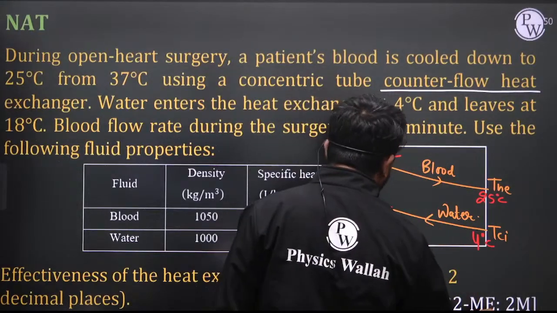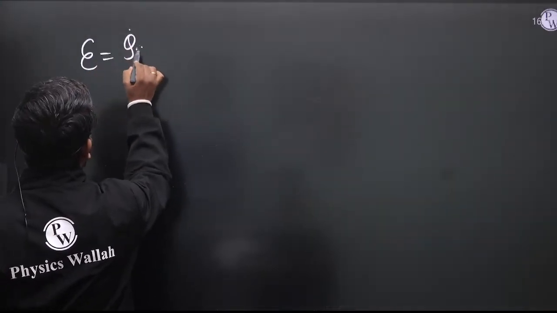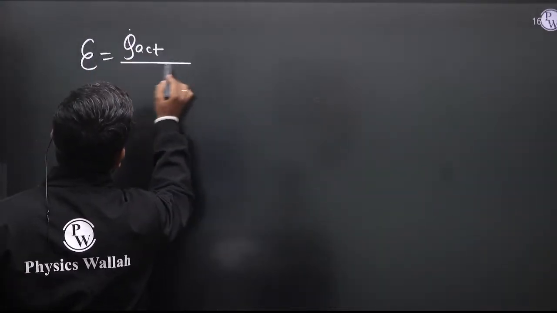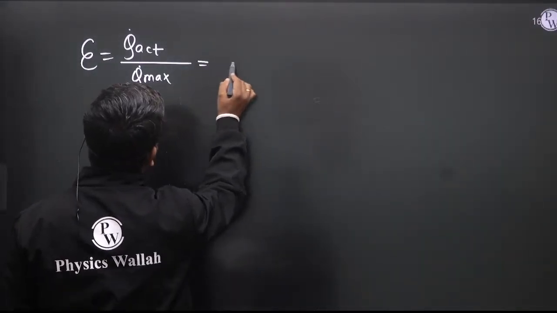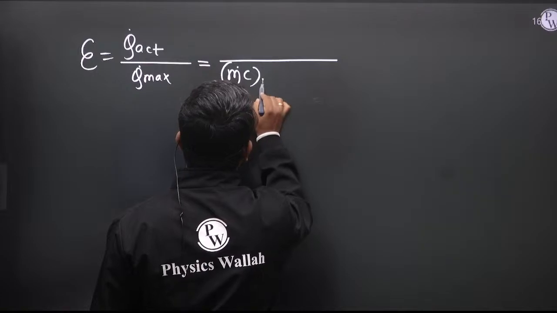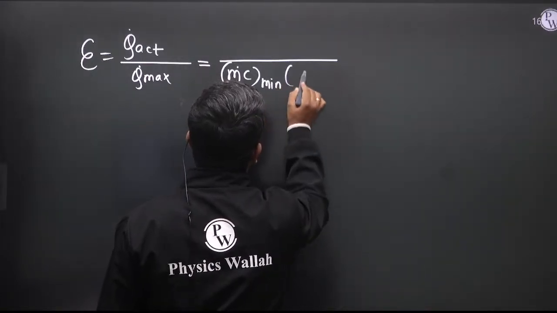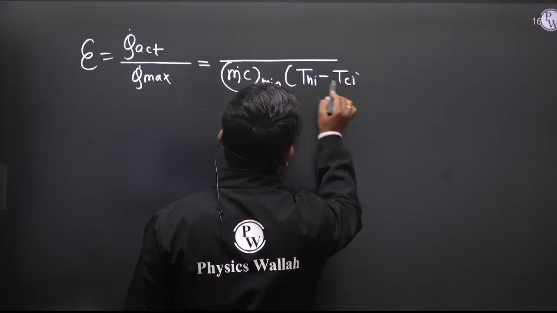Effectiveness. So we know that effectiveness is actual heat transfer to maximum heat transfer, or we can write this as the minimum heat capacity rate into THI minus TCI. Right?